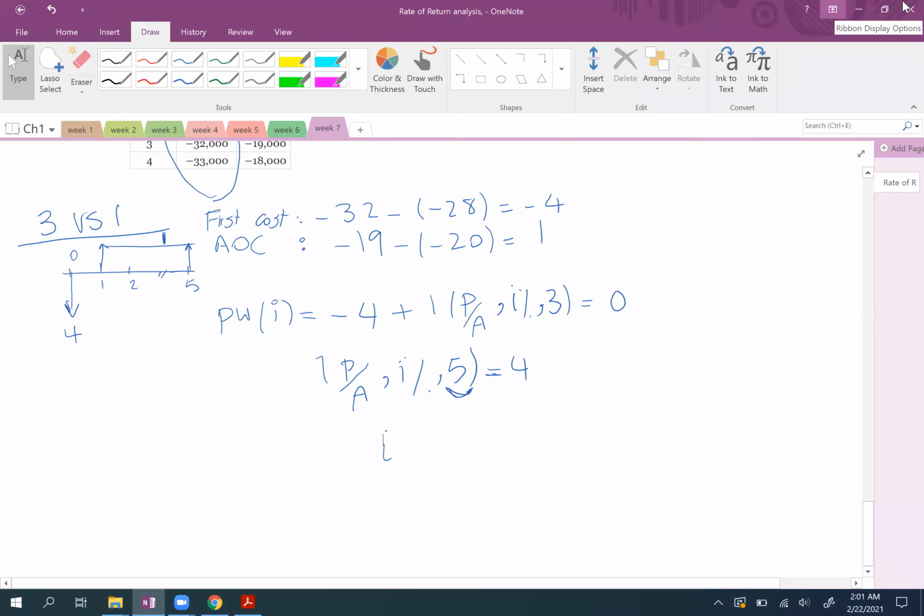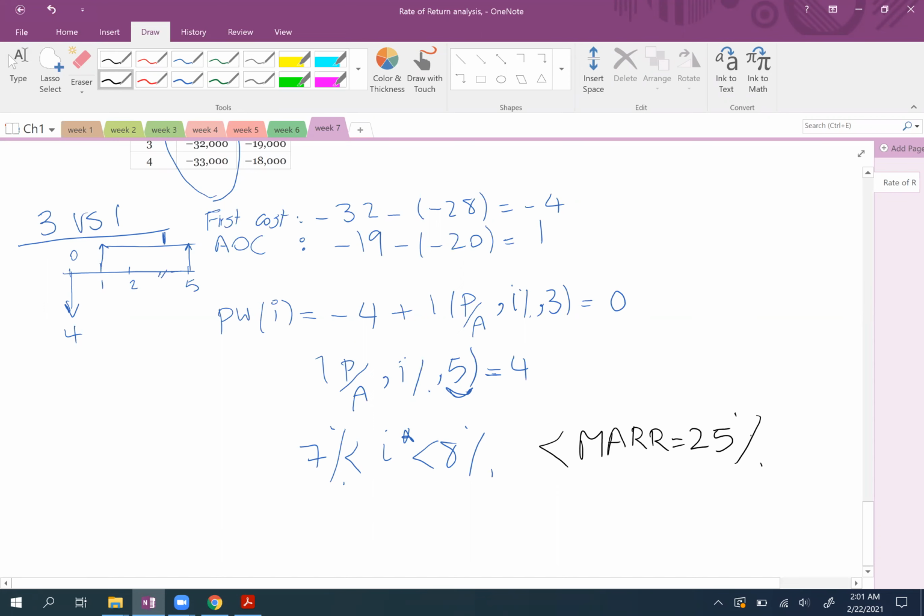Why? Because if I star is something between 7 and 8%, in this procedure, all I want is to compare this with MARR. And over here in this example, MARR was 25%, which is your minimum attractive rate of return.